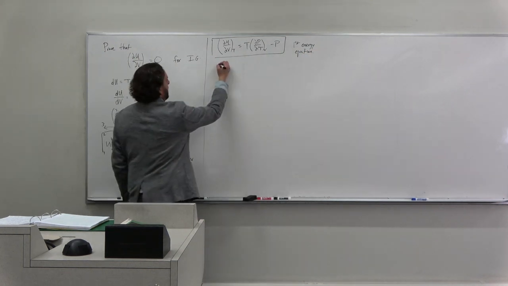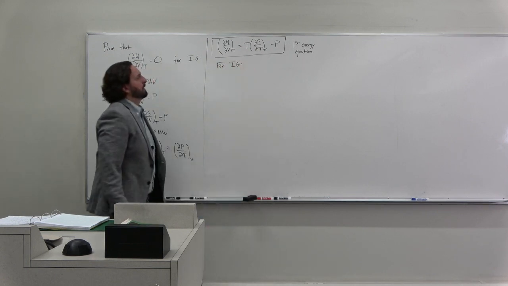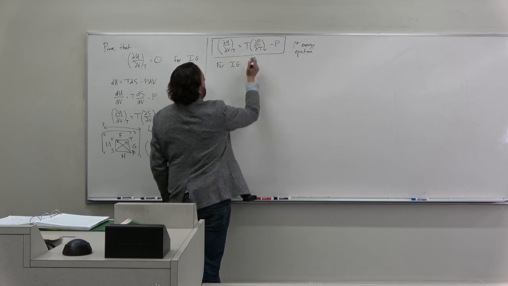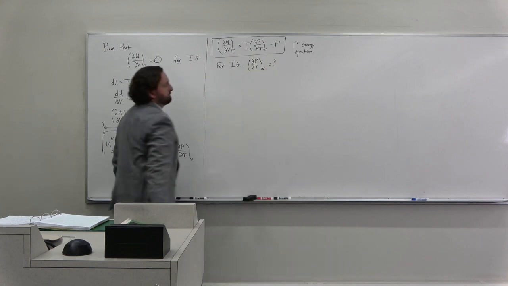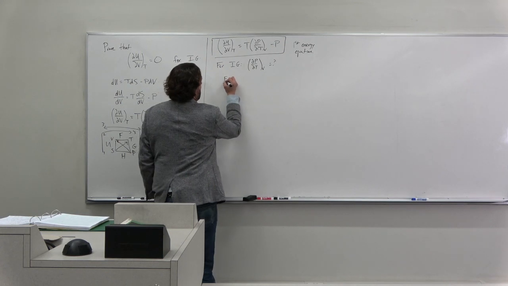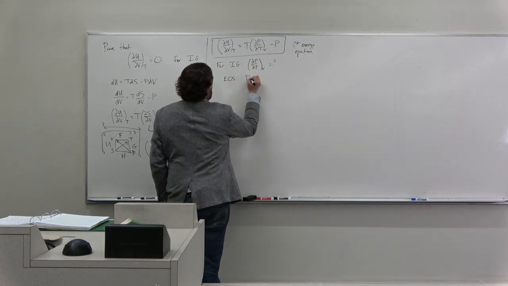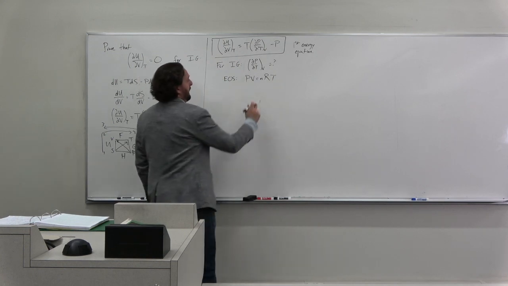But now let's do it for an ideal gas and explore what partial P, partial T, constant V equals. So how are we going to do that? Well, we need our equation of state. PV equals nRT. Aha!